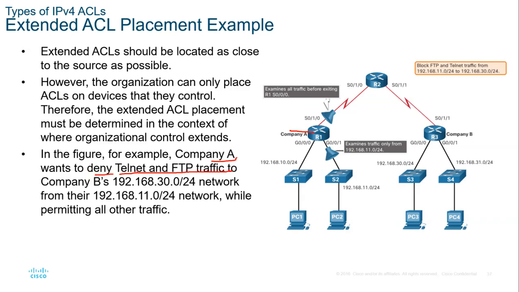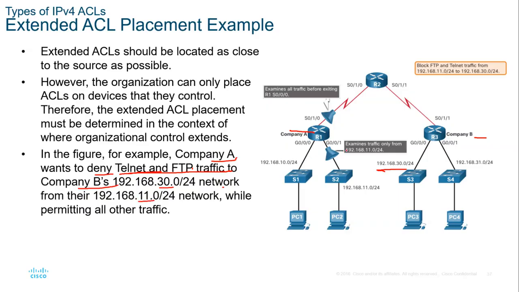Denying these two from reaching company B. Where is company B? It is this. And company B's network, which is 30. Where is 30? It is this. So we're denying telnet and FTP from reaching the 30 network from 11.